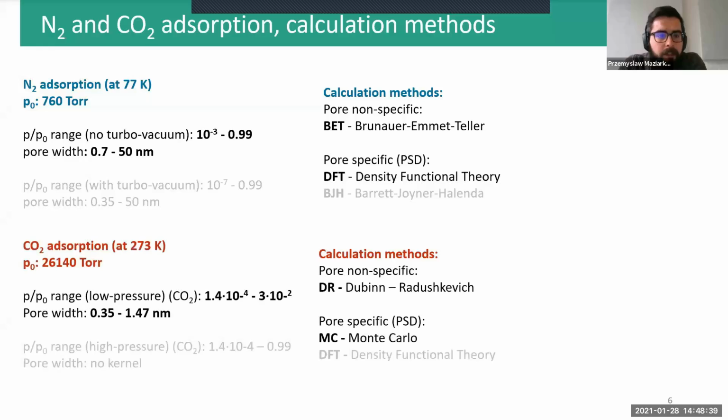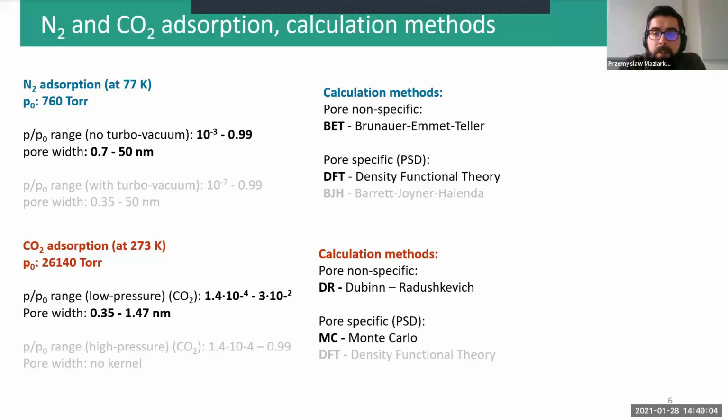With the carbon dioxide, we also use the typical range of P/P0 from 10 to the minus 4 to 10 to the minus 2, which corresponds to a pore width between 0.35 and 1.47 nanometers. And here as well, we only use the pore specific method, the Grand Canonical Monte Carlo method.